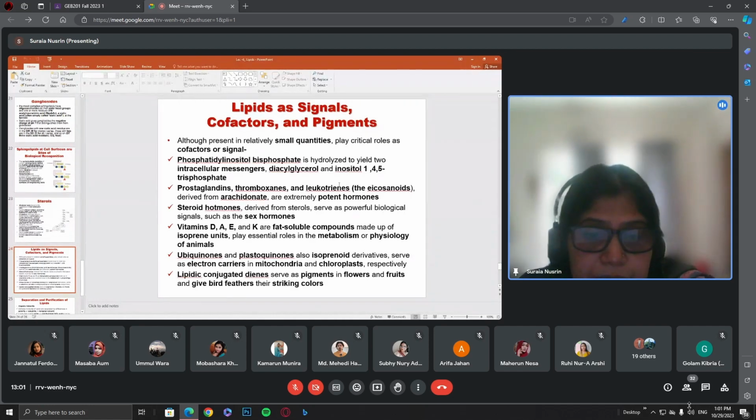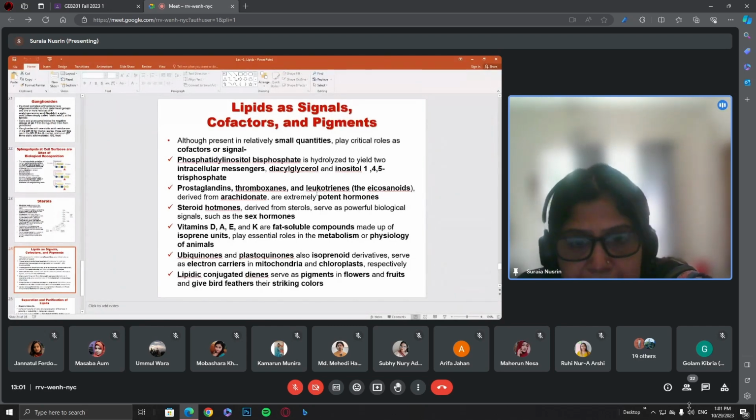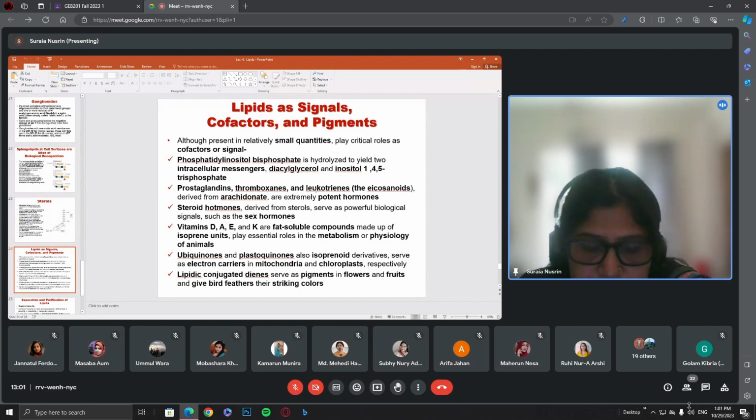Then come the vitamins, specifically the fat soluble vitamins, vitamin A, D, E, and K. They are also synthesized from the very simple precursor isoprene, like the cholesterol. And the vitamins, they have important function in our metabolism as well as physiology.